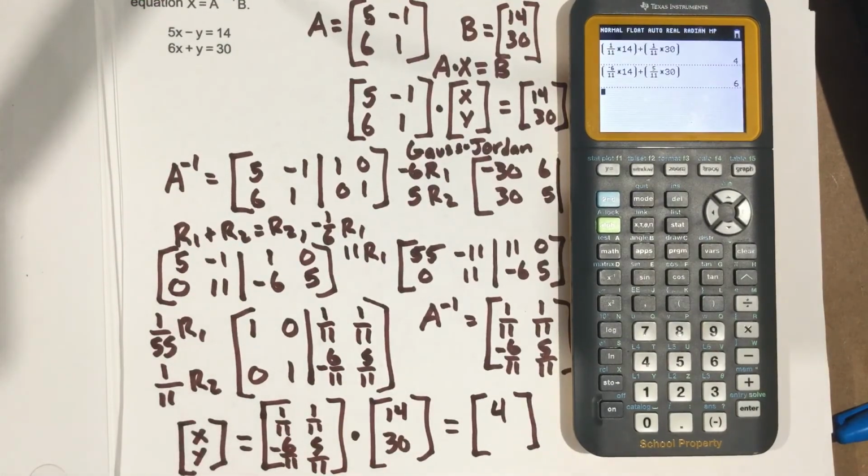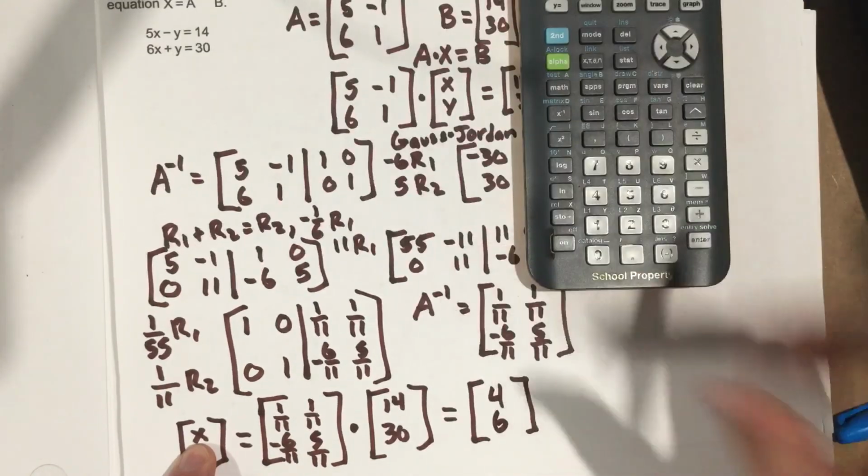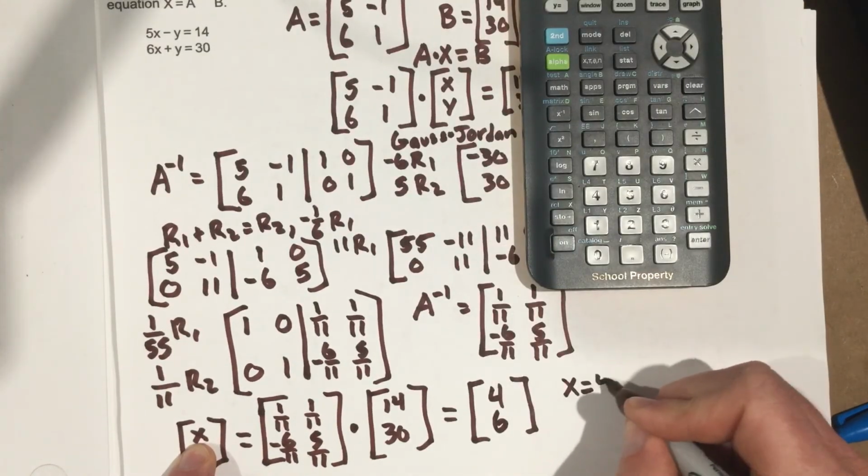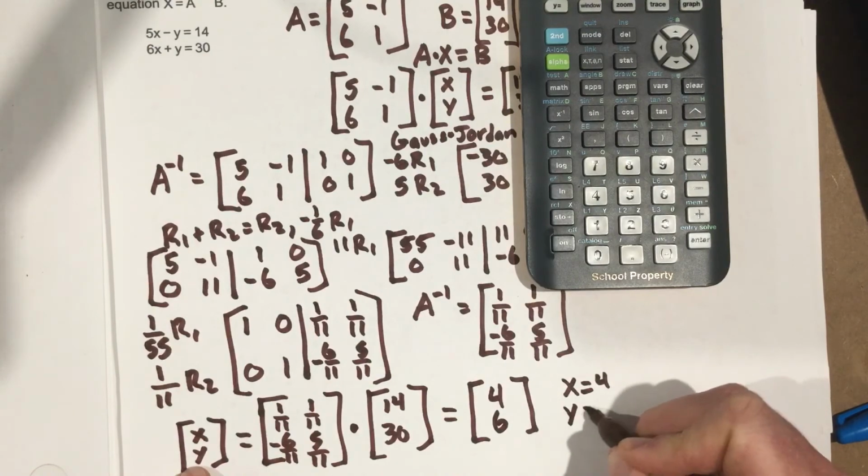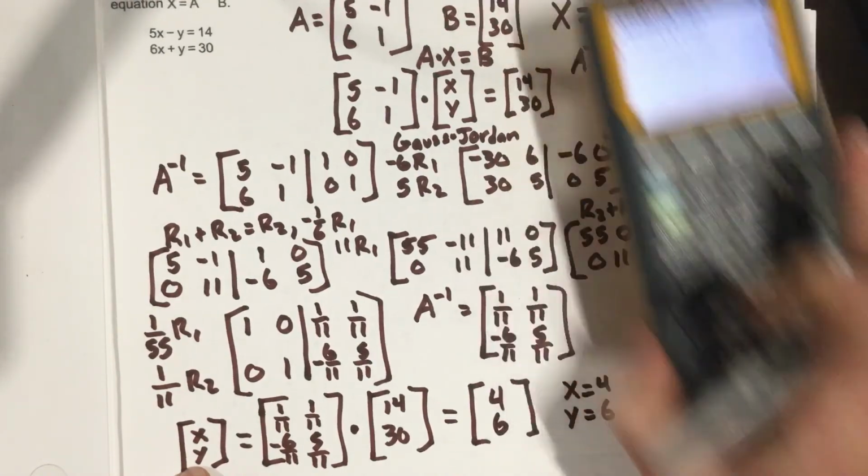And that's 6. Now remember, x, y equals the multiplication between these, which means x is 4, so we can write that out here. We get x equal 4 and y equals 6 for our solutions.